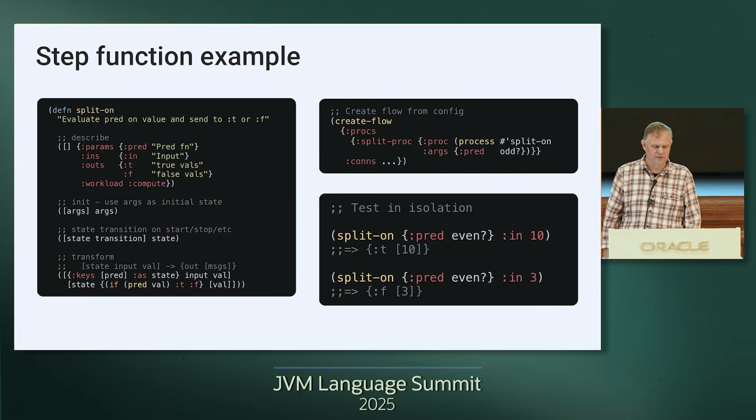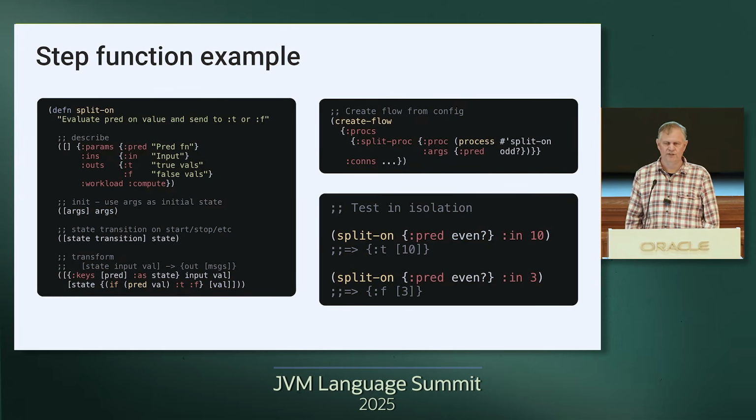This is an example of a step function, and a step function actually has 4 different arities. The thing I was just talking about was really the transform arity, which is the bottom one there. On the left here, there's 4 different arities. A 0 arity, which is describe. So this step function is self-describing. It says, I have a parameter, which takes a predicate.